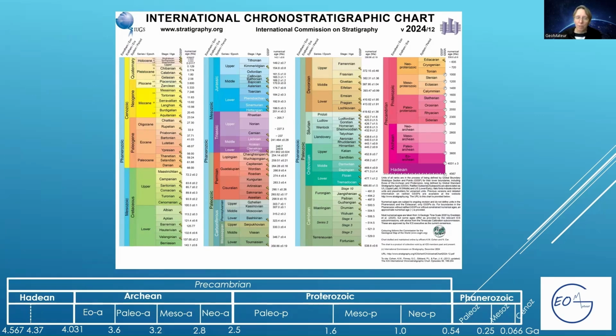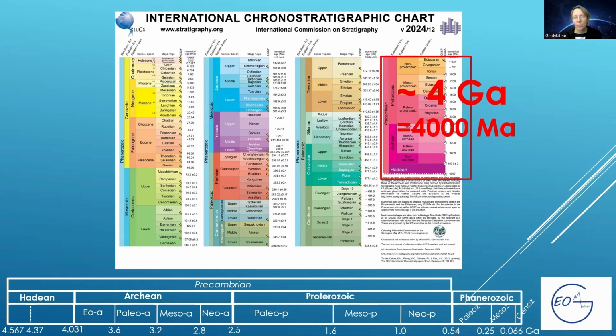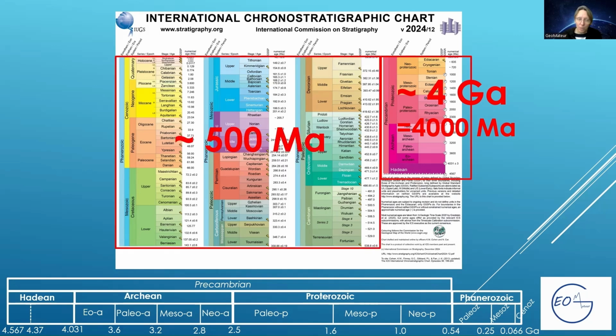And please remember, this chart is not in a linear scale. This small box represents 4 billion years. In other words, 4,000 million years. The big one, only 500 million years. Why?